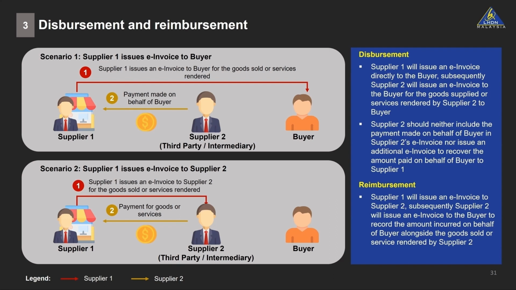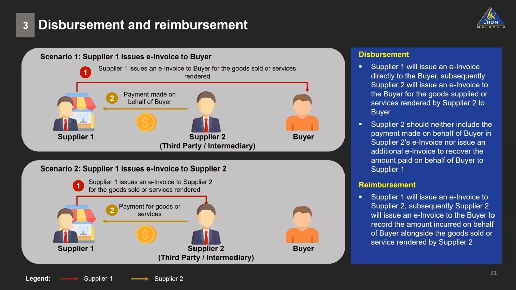Untuk senario yang pertama, supplier 1 issues an invoice to the buyer for the services provided or the sales of goods with payment made by supplier 2 to supplier 1 based on the agreement antara buyer and supplier 2. Dalam senario ni, supplier 1 akan issue invoice for the service or goods to the buyer, manakala supplier 2 akan issue juga invoice to the buyer untuk specific item.